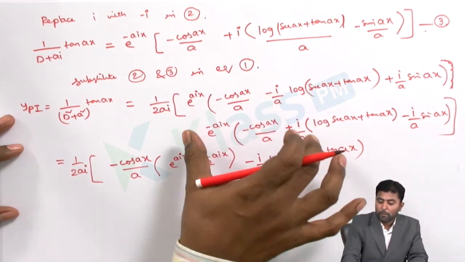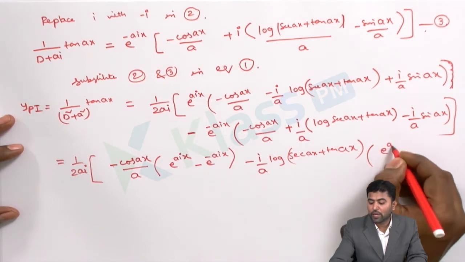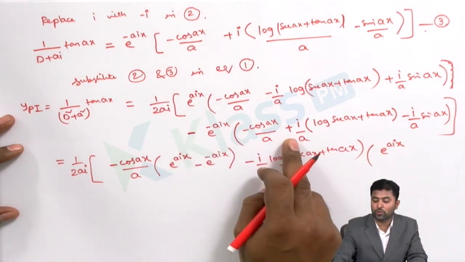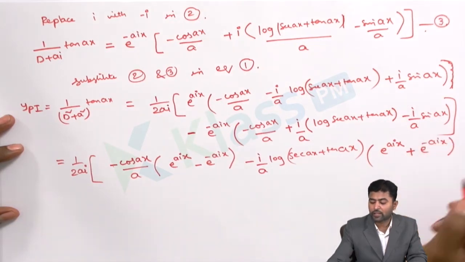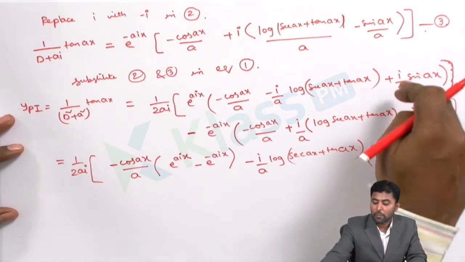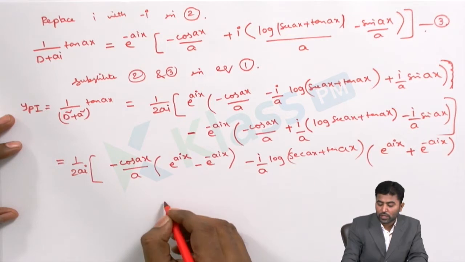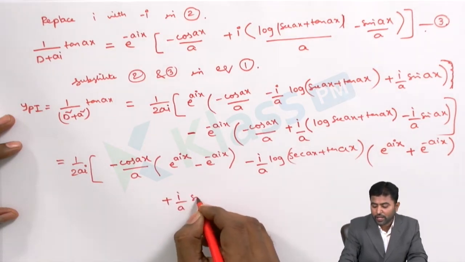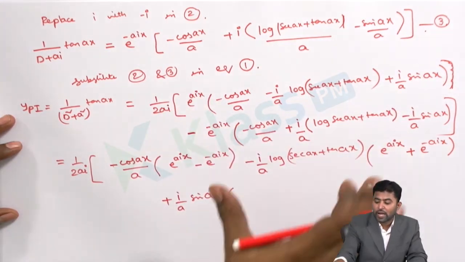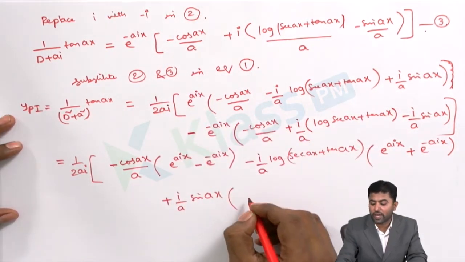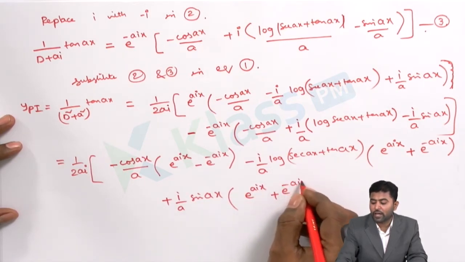Then I'll get e power iax, and here also I took out common, so I'll have only plus sign, e power minus iax. Then the third terms, plus i by a, and here also plus i by a. So I'll take out plus i by a sin ax common. Then I'll have e power iax plus e power minus iax.